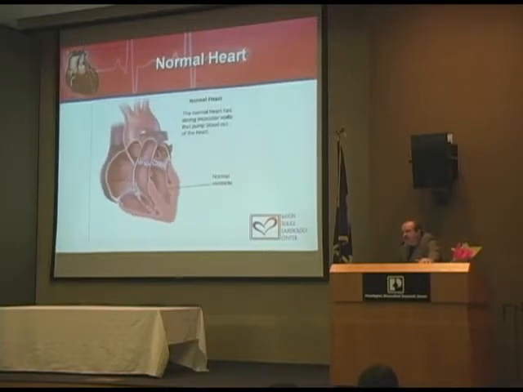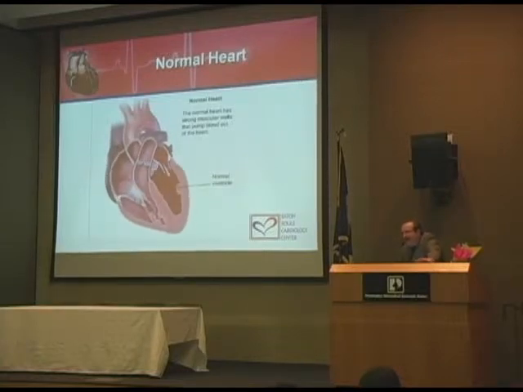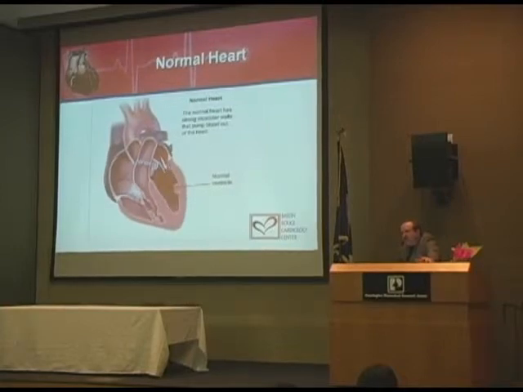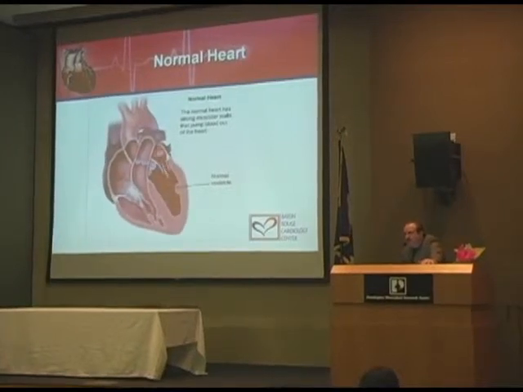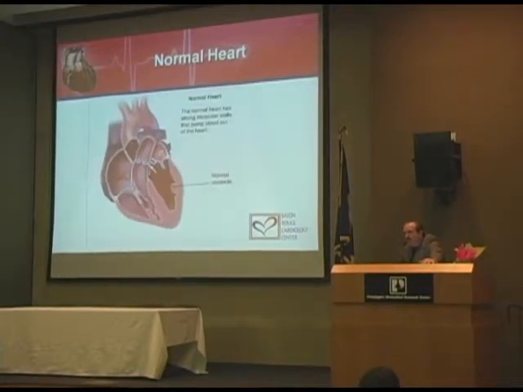And there are three small arteries coming off the aorta, which are called coronary arteries. Those arteries bring blood to the heart muscle itself, okay? And it supplies the heart itself with blood, just like the heart supplies the kidneys and the brain and the liver with blood. These coronary arteries supply the heart muscle itself with blood. And those are the arteries we're talking about when we talk about coronary artery disease.